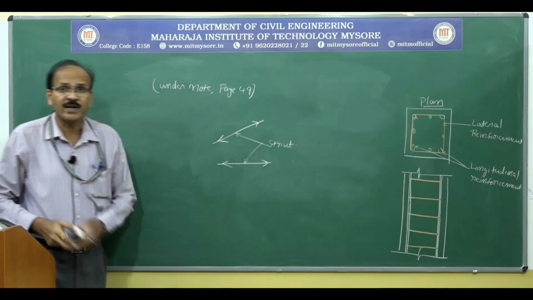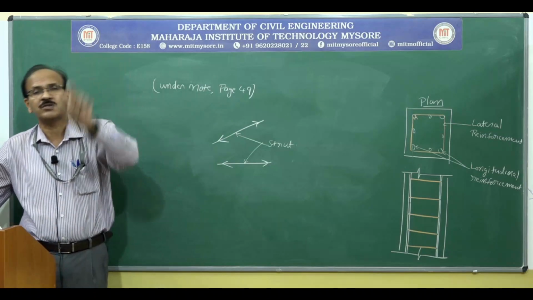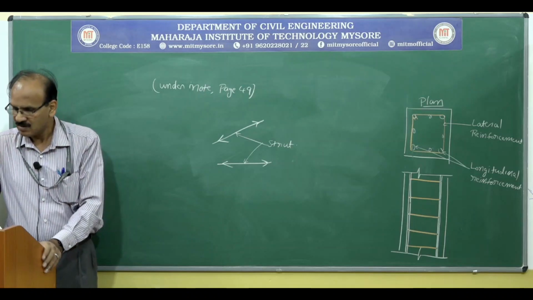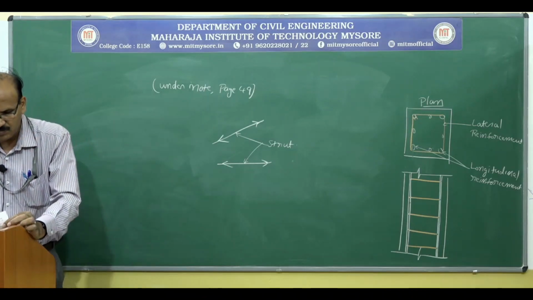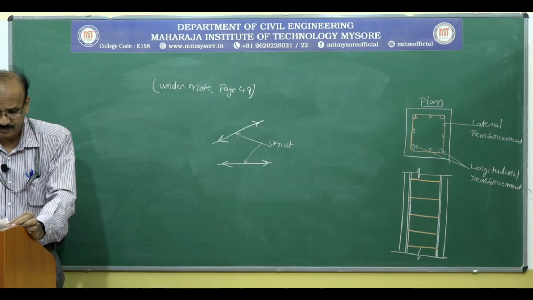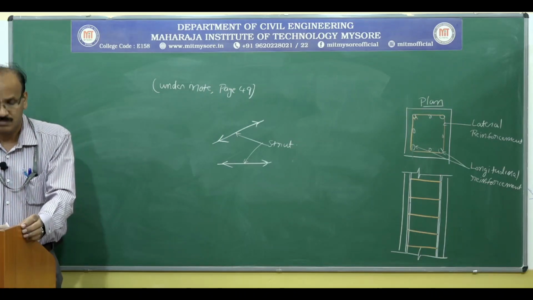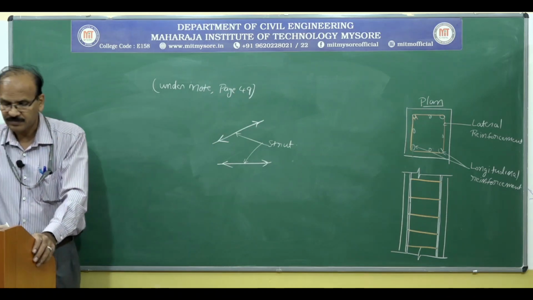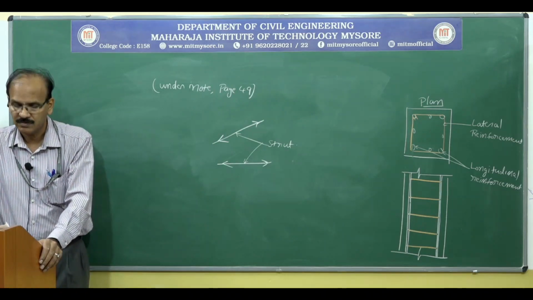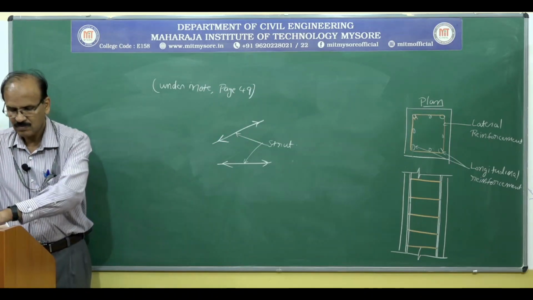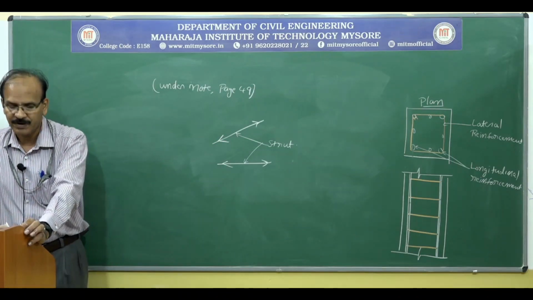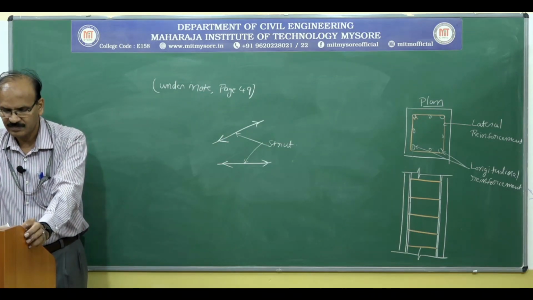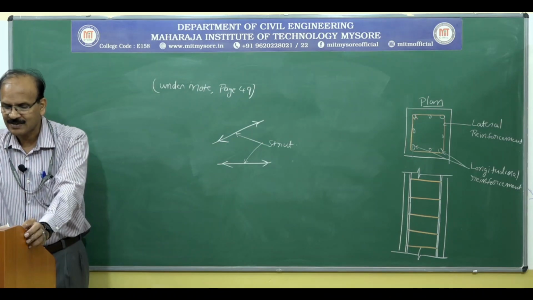If you go to page 49, in the first column on the top there is a note. So that says about the pedestal. Full stop. Next line. An RC column concrete has a high compressive strength and a low tensile strength.